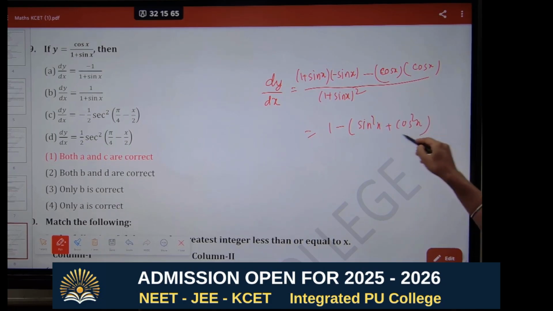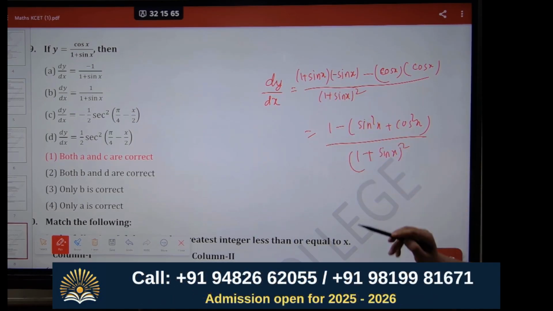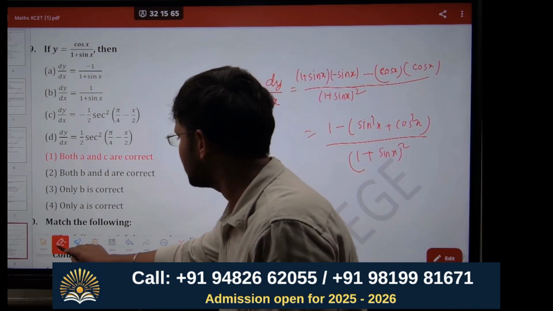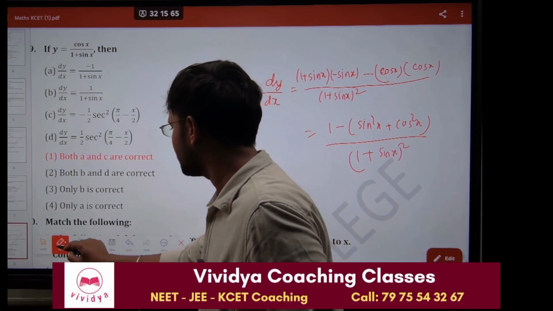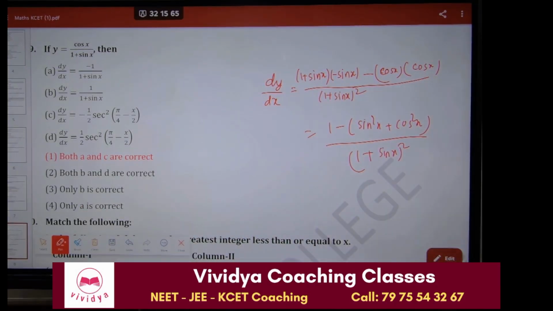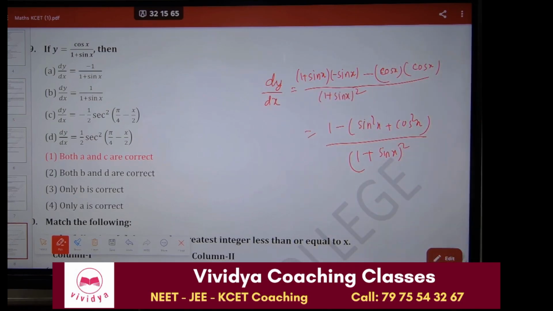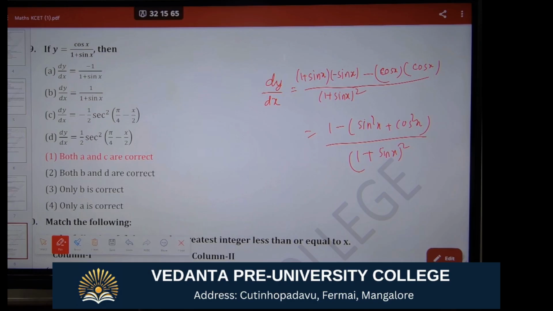I took the minus common, divided by 1 plus sine x whole square. Just check the differentiation: 1 plus sine x, differentiation of cos x is minus sine x, minus cos x, differentiation of 1 plus sine x is cos x. Okay.